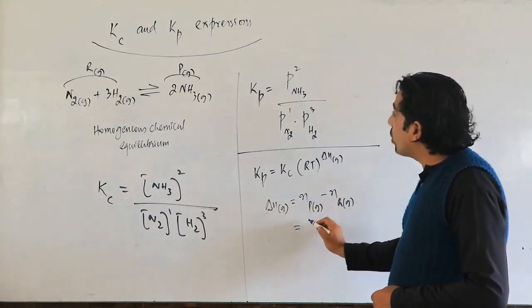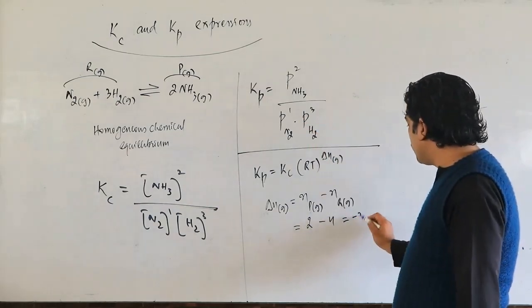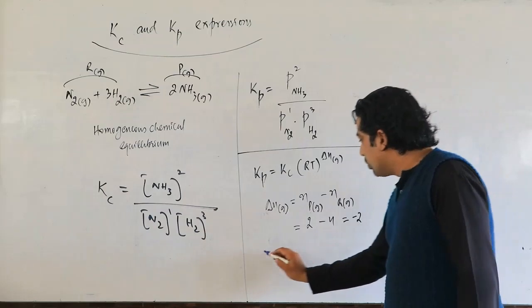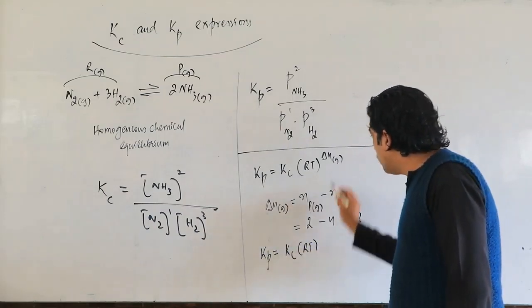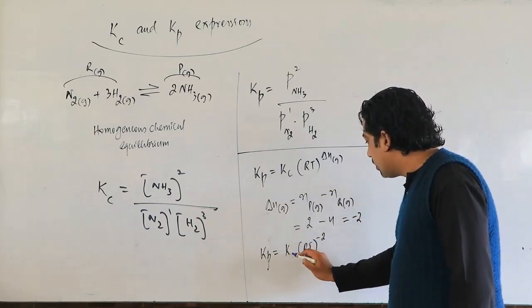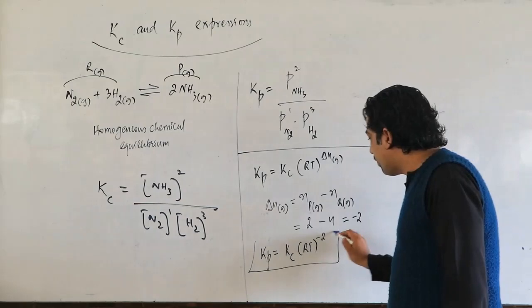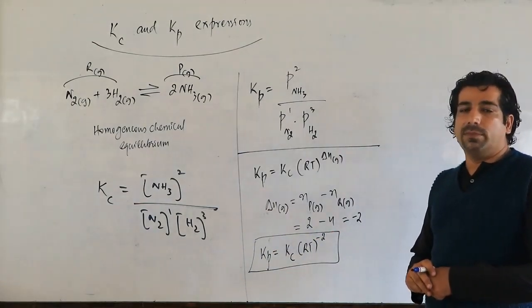Products we have 2 and gaseous reactants we have 4, so it's minus 2. So delta n is minus 2, and Kp is equal to Kc RT to the power minus 2, my dear friends.